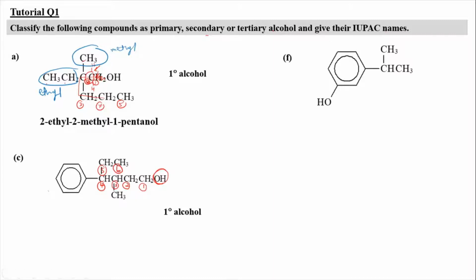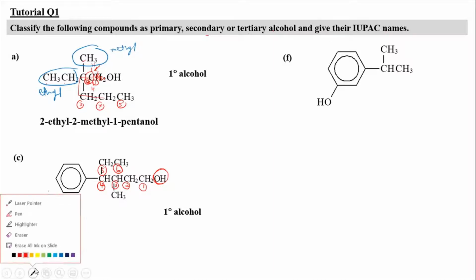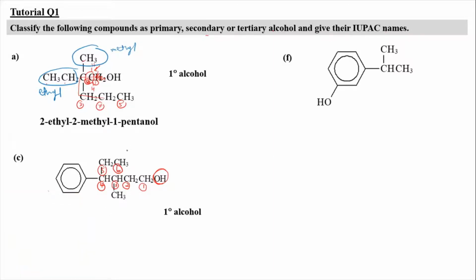Okay, so 1, 2, 3, 4, 5, 6 is going to be hexanol, and at carbon number 3, it's going to be attaching with the methyl group, and at carbon number 4 it's going to be attaching with the phenyl group. Okay, so phenyl going to have a C6H5 substituent.